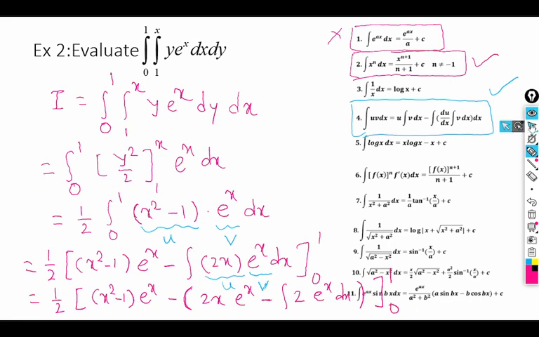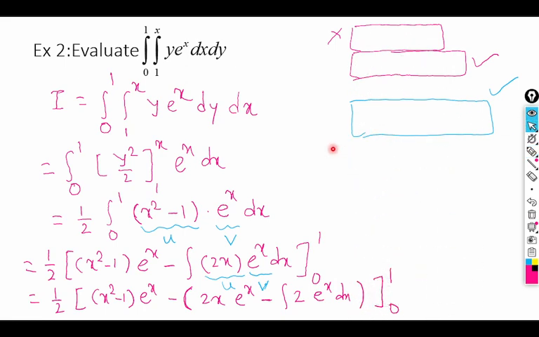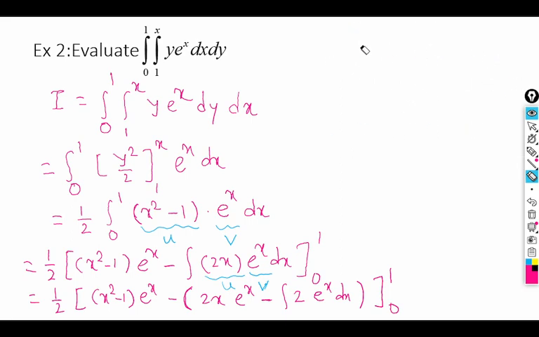The calculation is still not done, so we have to put in the upper and lower limits here. That will give us the answer. So the next step I will do here. This 1 by 2 as it is, and let me do the complete integration first. x square minus 1 e raised to x as it is, the first term I have written as it is.